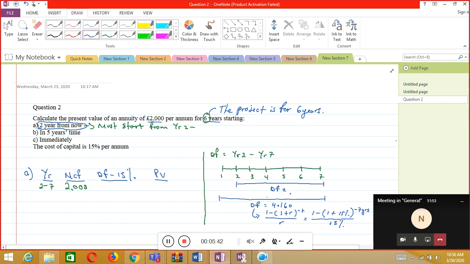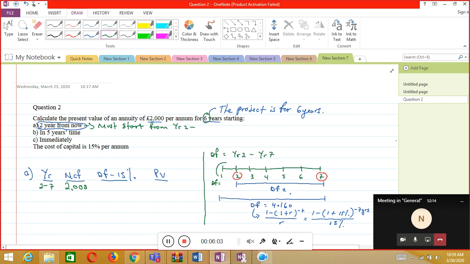Now, if you want to find from year 2 to year 7, what you must do is find the year 1 discount factor. What is the year 1 discount factor?